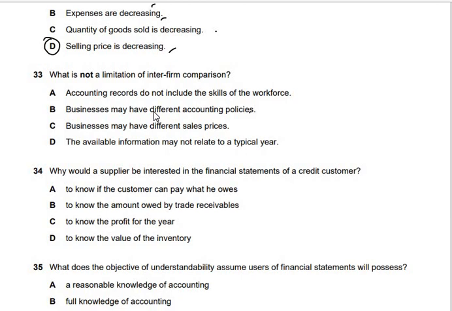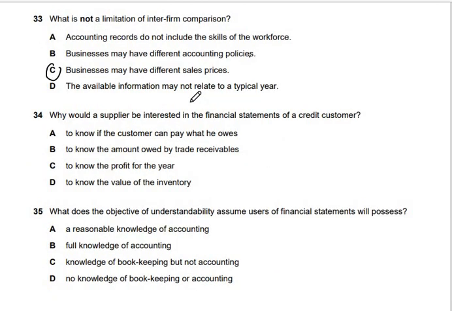Some of these accounting policies may not be relevant, while others are relevant, so this would be a limitation. But when businesses have different selling prices, this is not a limitation, because we don't know the cost.